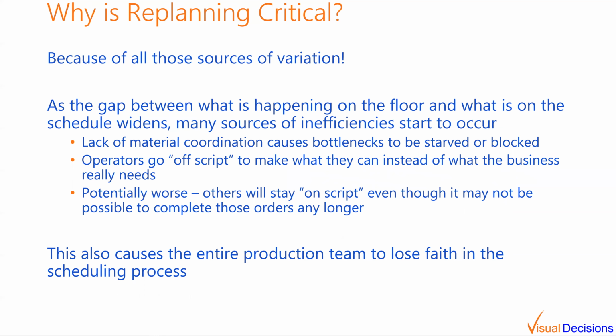So you're wasting capacity within your operations, building things that you can't actually produce the entire part. So you're making one part of it, but the rest of it's not being made. And so you're wasting that capacity. And it causes the entire production team to lose faith in that scheduling process. So if you can replan on a regular basis, that helps you stay in alignment.